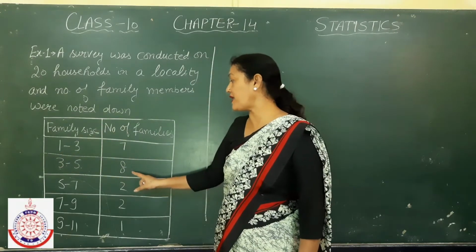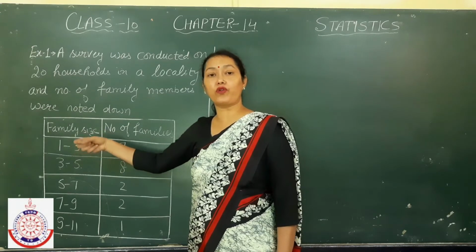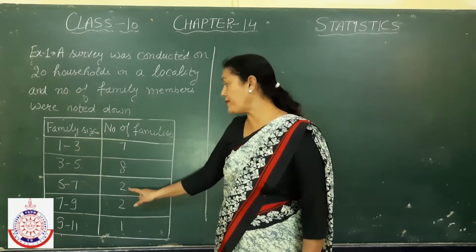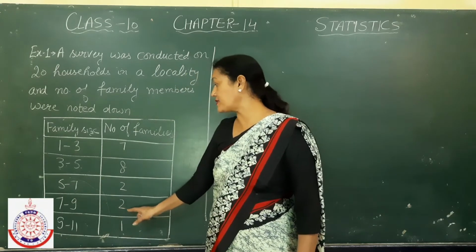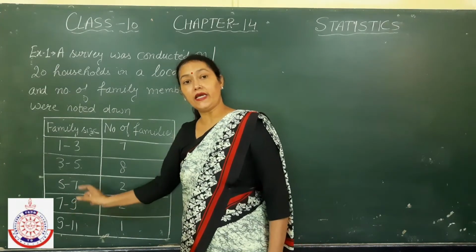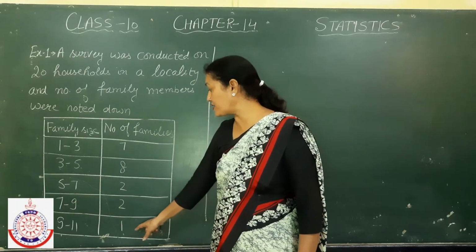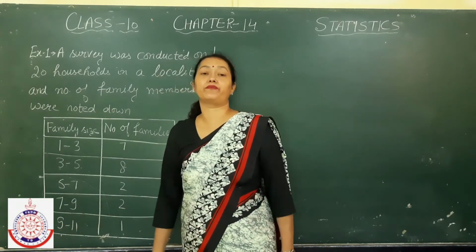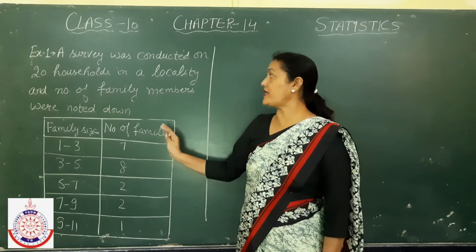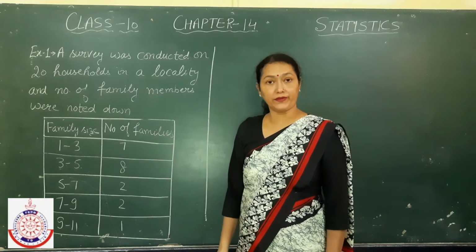Then 8 families have 3 to 5 members, 2 families have 5 to 7, 2 families have 7 to 9, and only 1 family has 9 to 11 members. Here they are asking to calculate the mode.